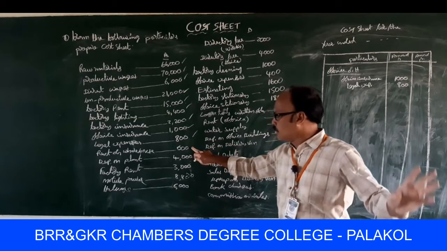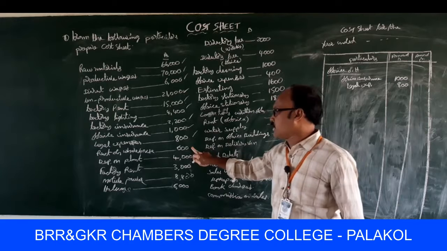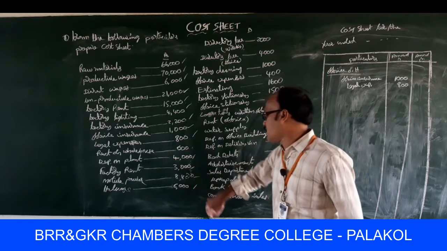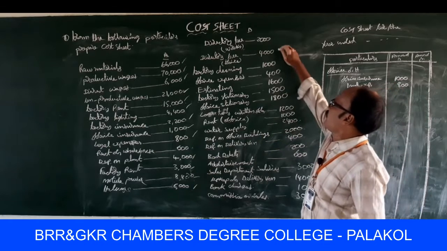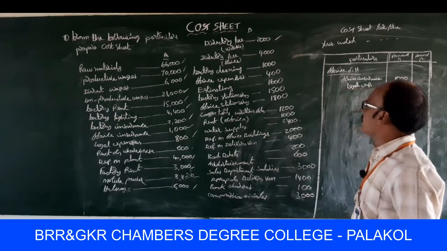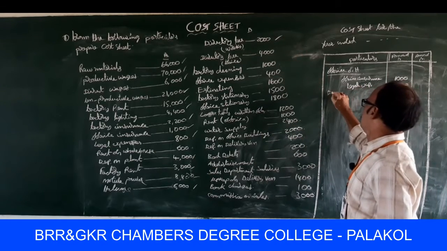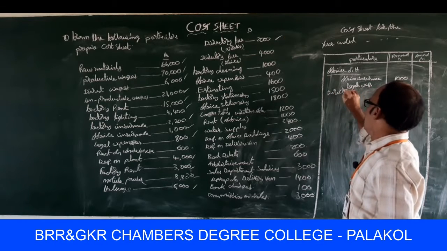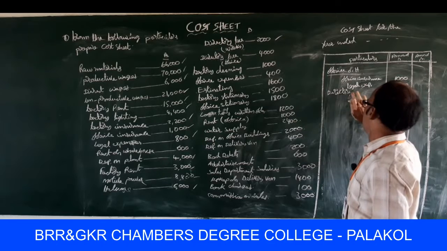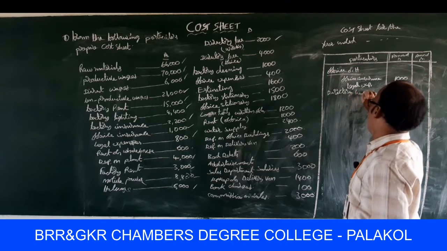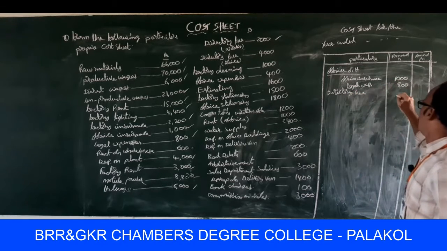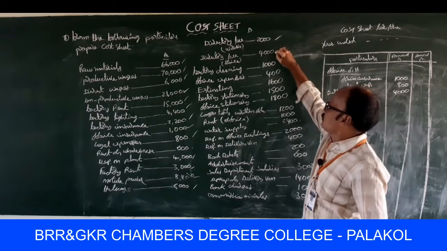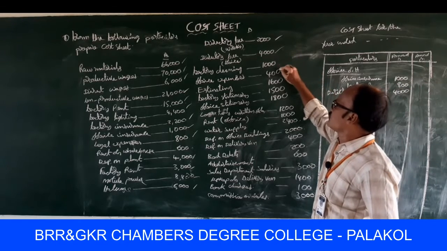It is related to sales and distribution. Factory rent over, motive power over, haulage over, director's fees over. Next one, director's fees office, 4,000, related to office. Factory cleaning, over.